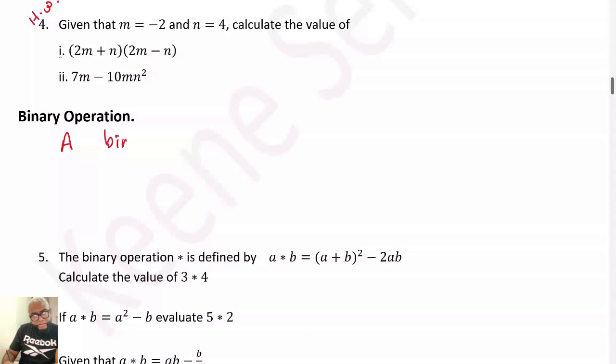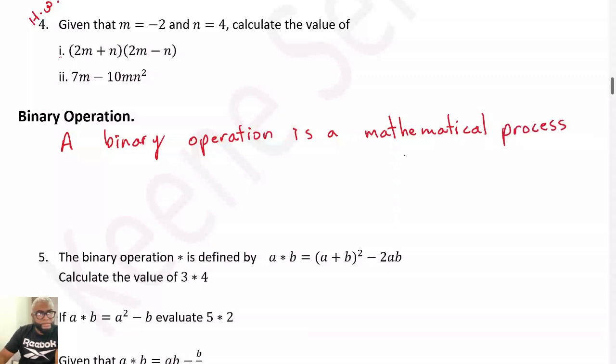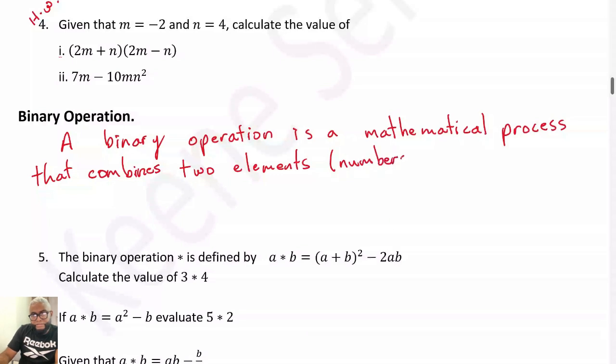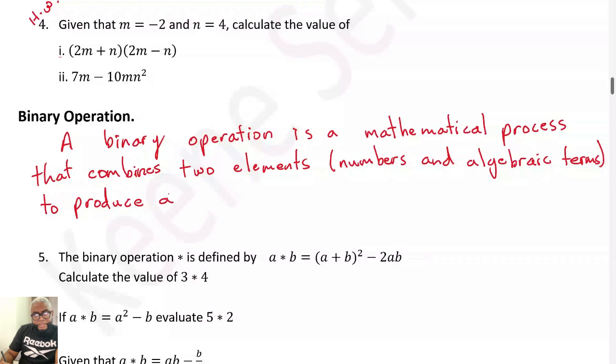Right, so a binary operation is a mathematical process that combines 2 elements, usually numbers, and algebraic terms, to produce a single result.